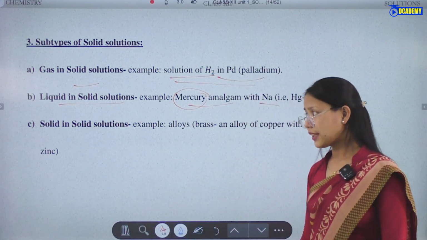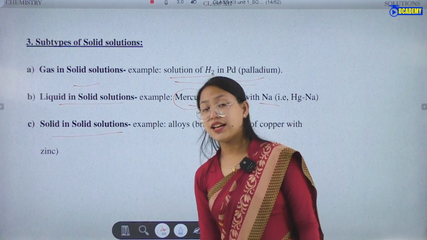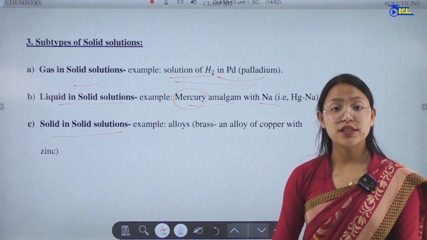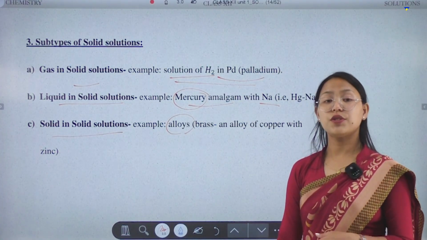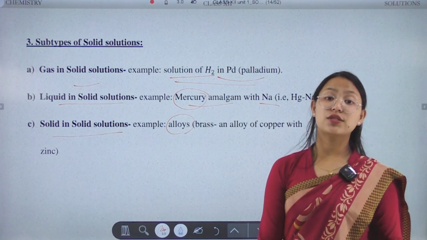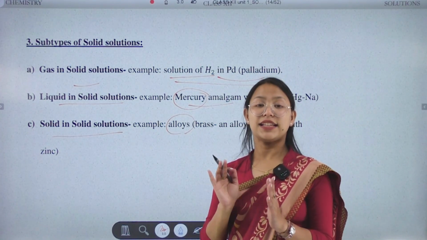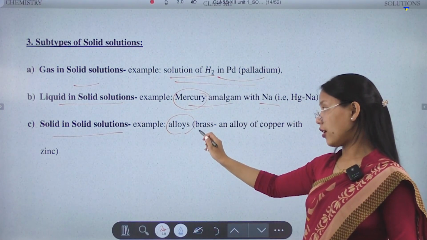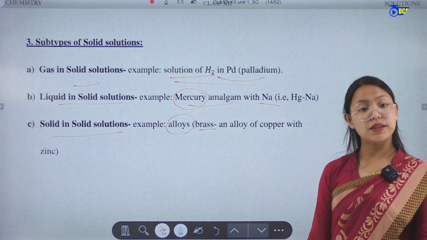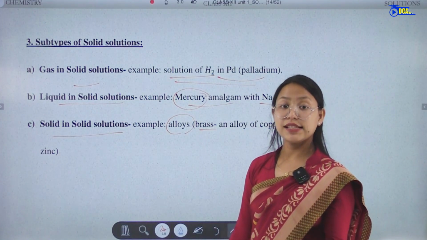Then last one is solid in solid. Solid in solid we have alloy. The most beautiful example that we can take for the solid solution is alloy. Brass is quite a live example. You can also take stainless steel.